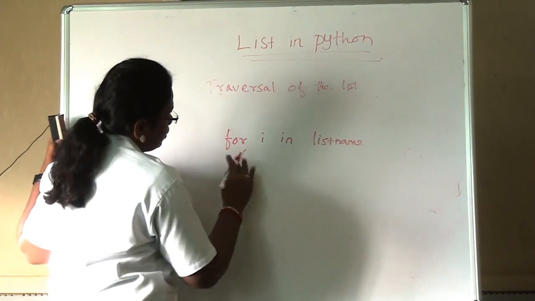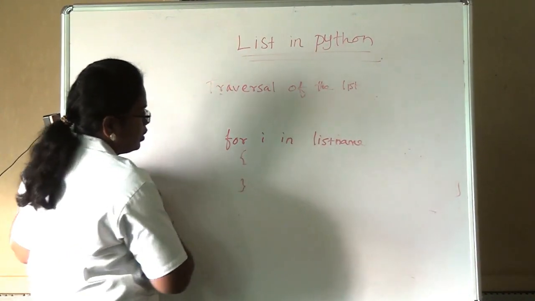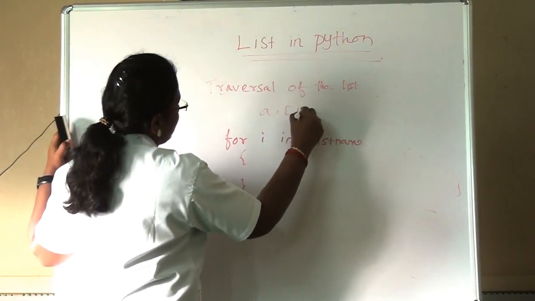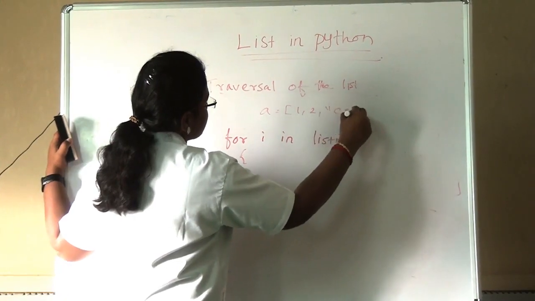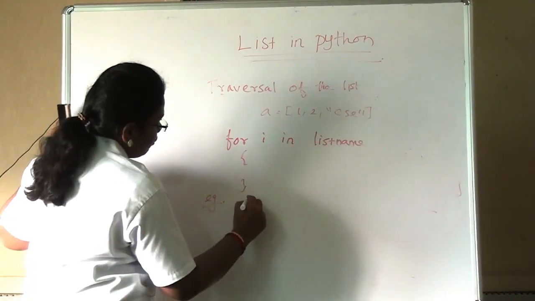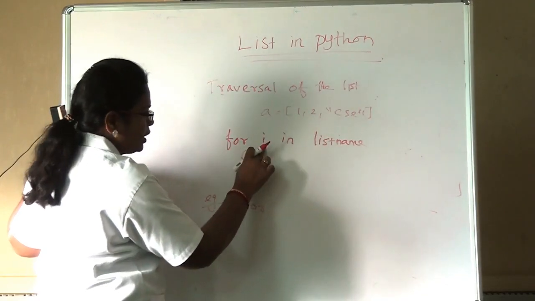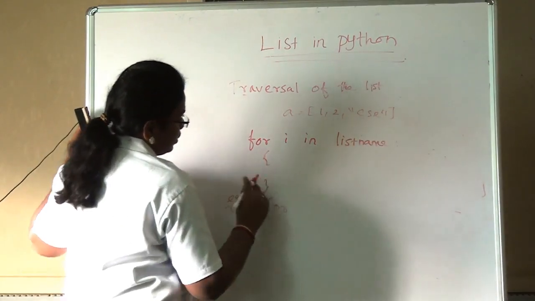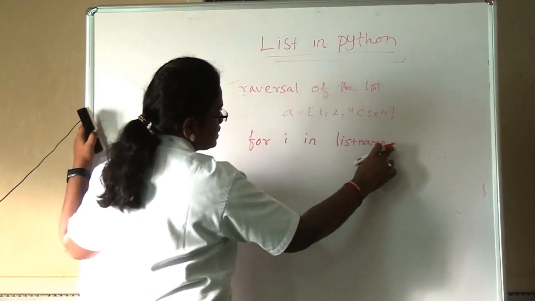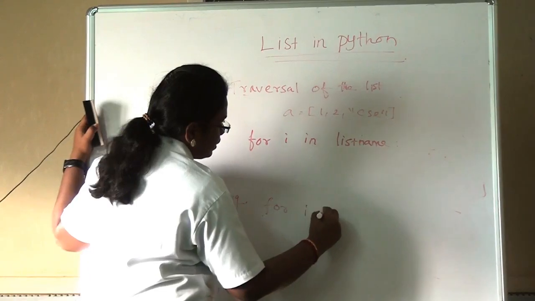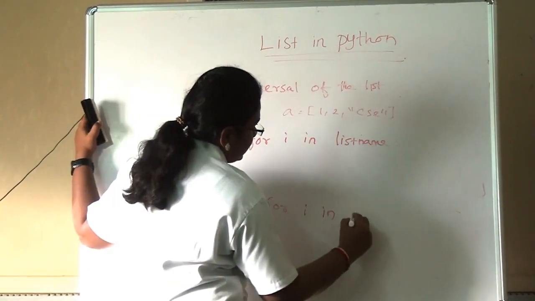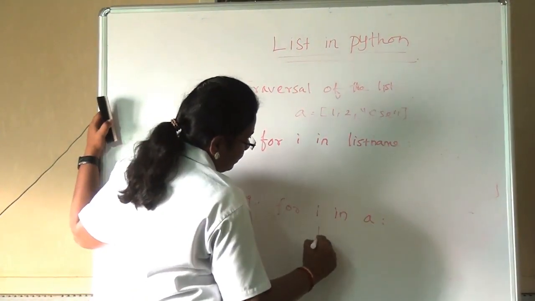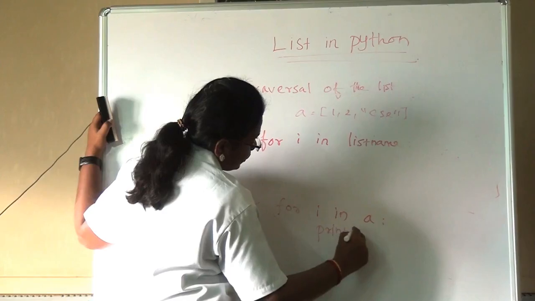For example, I have A = [1, 2, CSC]. Here I is the iterating variable and A is the list variable. For i in A, colon, the colon is for indentation, then print(i).